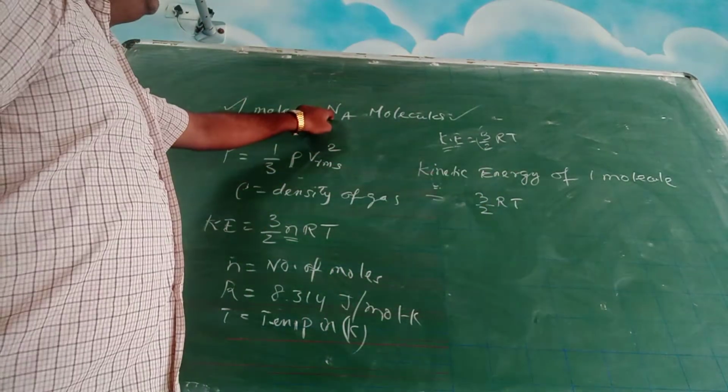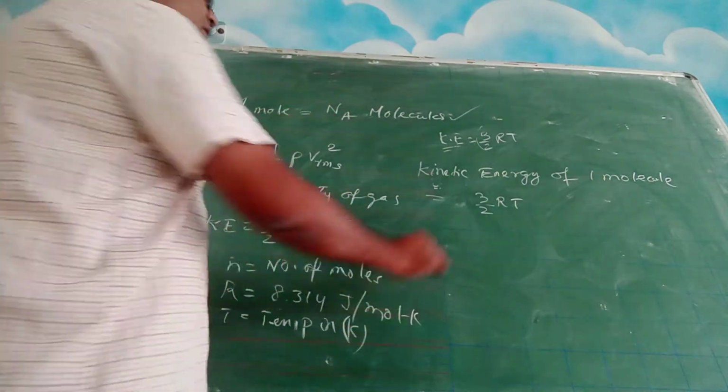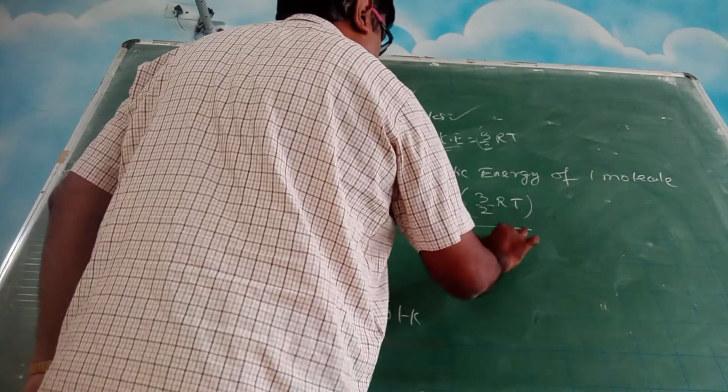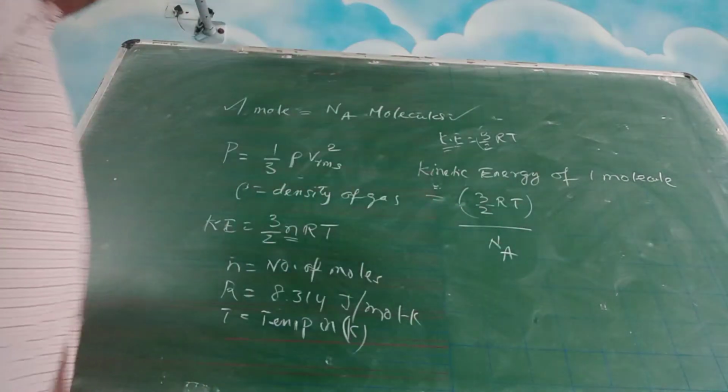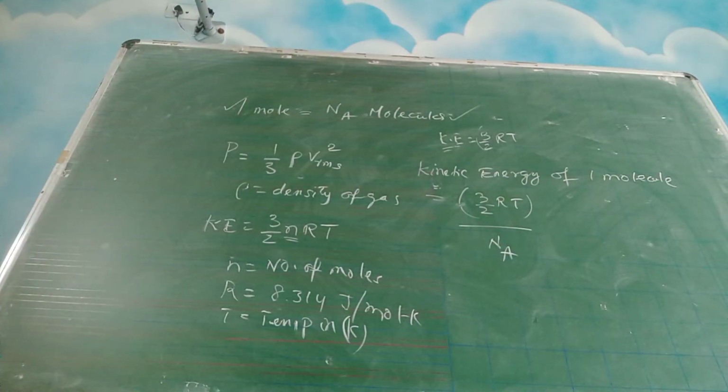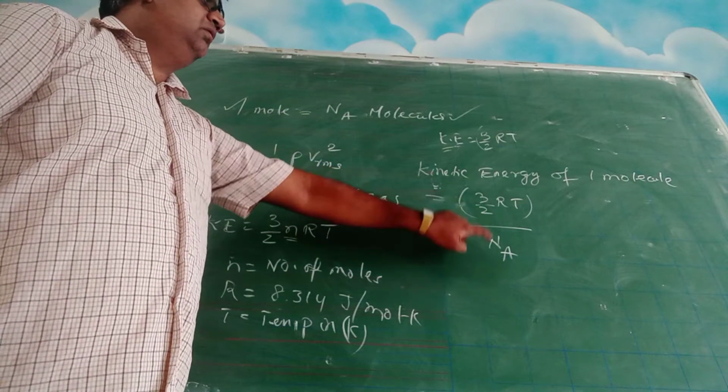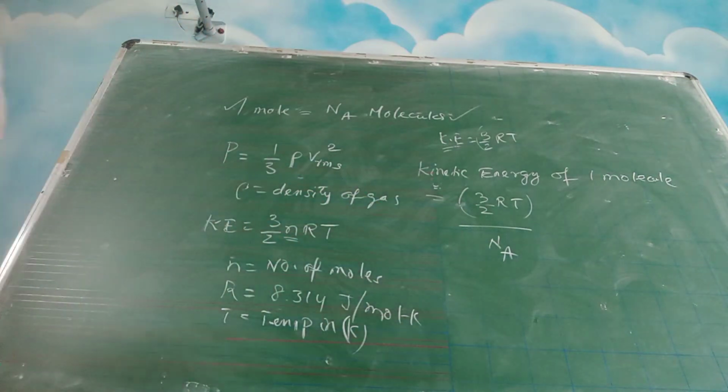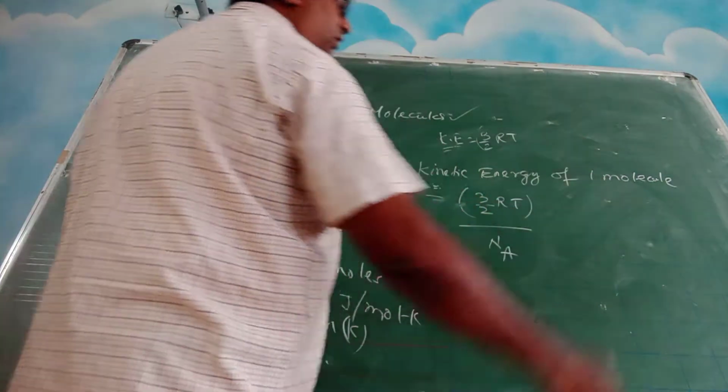So 1 mole has these many molecules, so it is the whole divided by Na. Okay? So whatever kinetic energy you got, you have to divide by the Avogadro number. You will get the kinetic energy of 1 molecule.